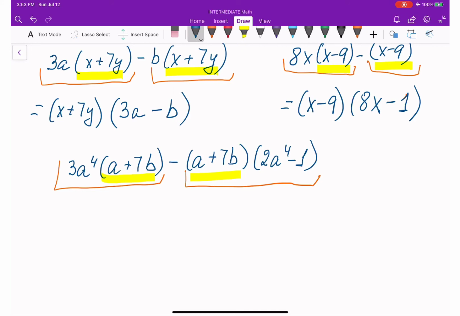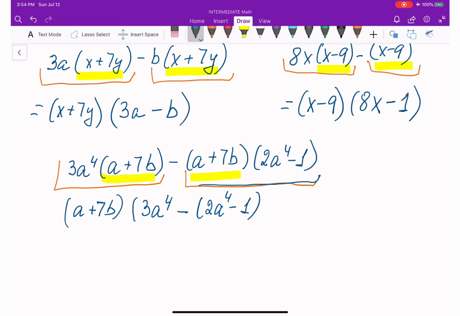So if we divide the first term by a plus 7b and take it out, what will we have here? We will have left 3a to the power 4, right? Minus. If I take out a plus 7b from the second term, what will be left? Minus (2a to the power 4 minus 1). I'm not opening the parentheses here because I have a negative sign in front.